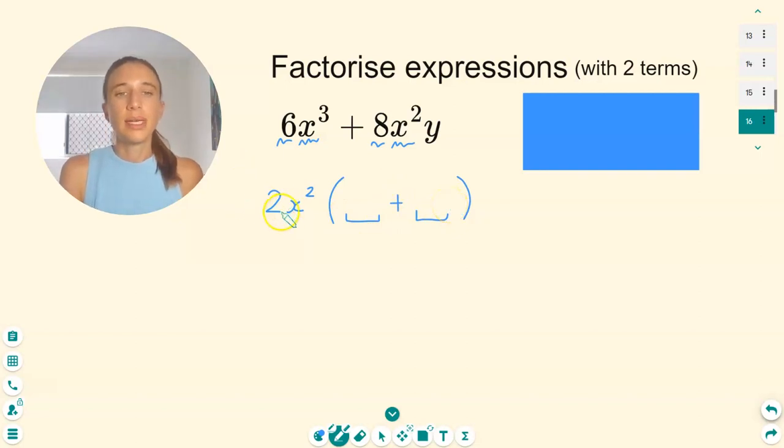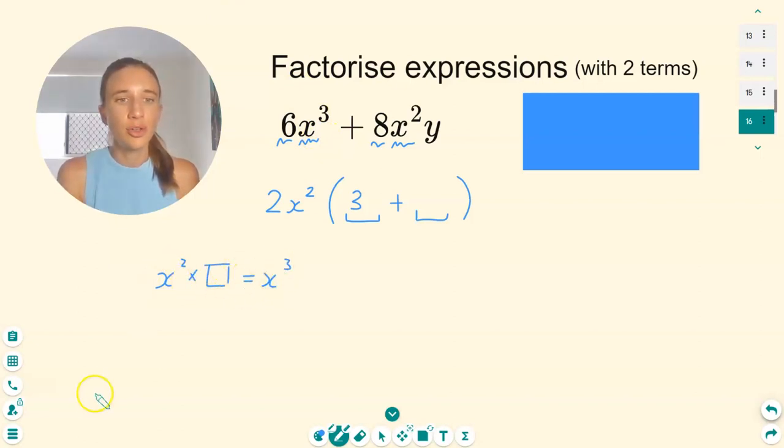Now, what number must I multiply 2x squared by to get 6x cubed? Look at your coefficients first. 2 times what gives me 6? 3. X squared times what gives me x cubed? You might even look at it like this: x squared is the same as x times something.